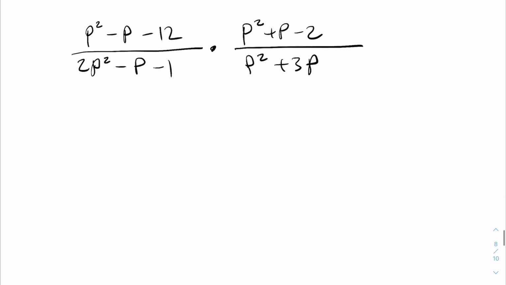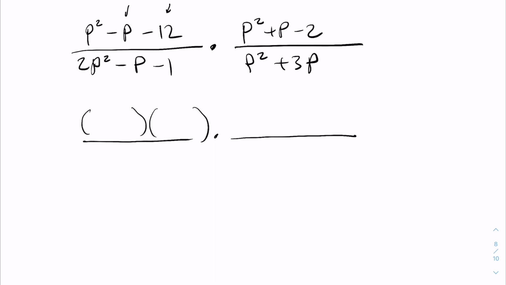Let's do this. What multiplies to negative 12 and adds to negative 1? Maybe p minus 4 times p plus 3. Negative 4 times 3 is negative 12, and negative 4 plus 3 is negative 1. Perfect.